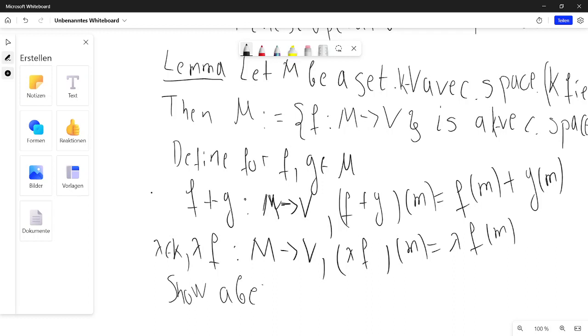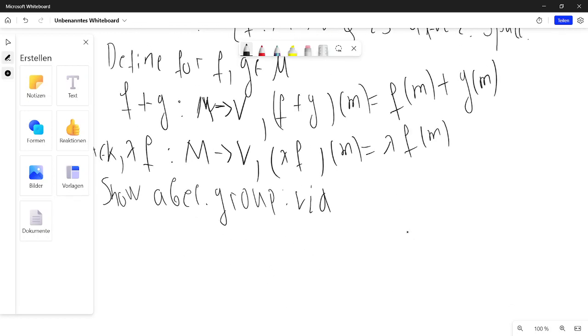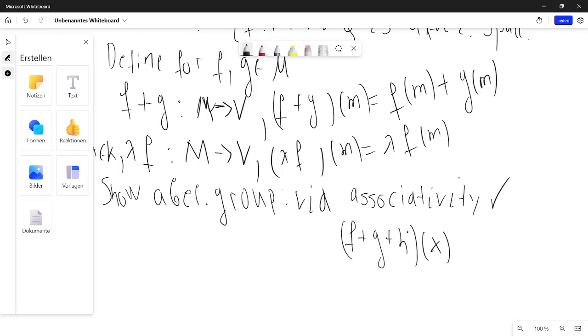Show that it is an abelian group via associativity. Well, do it yourself, but it's really boring. It is clear, because if you have f plus g plus h and you evaluate that, the music plays only in the value vector space.